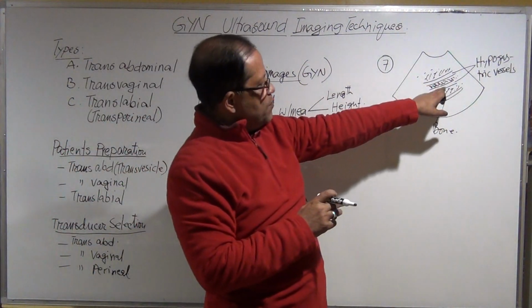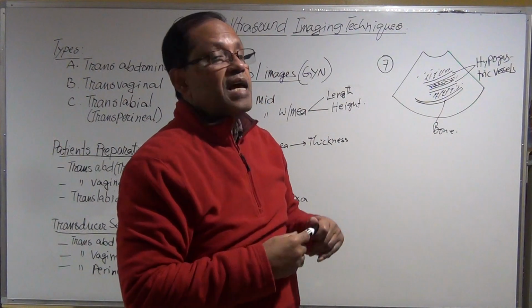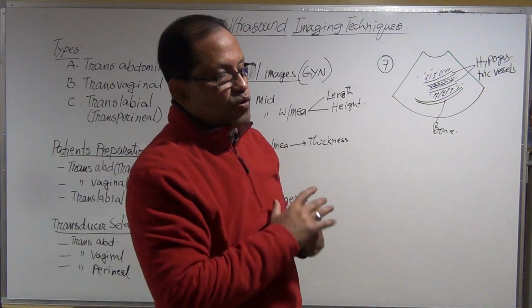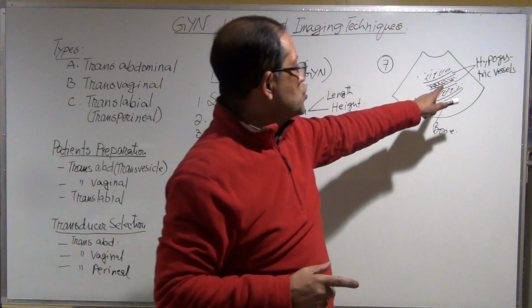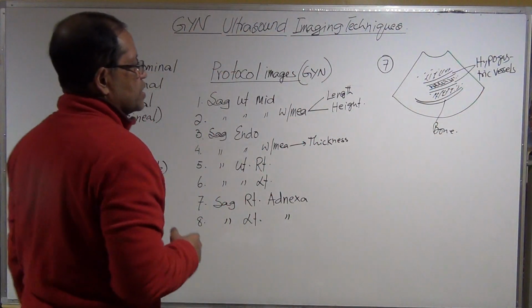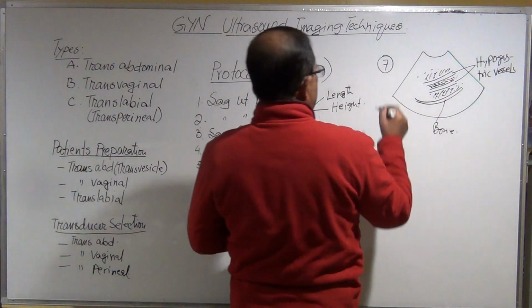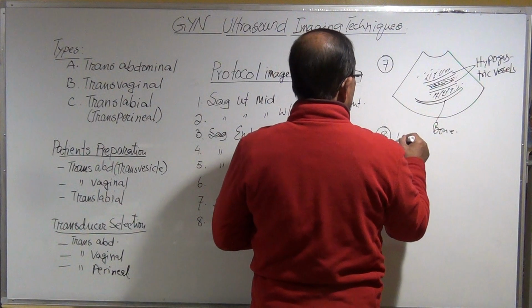And these hypogastric blood vessels are lateral to the ovary. Remember that. Lateral to the ovary, and ovary is medial to these hypogastric vessels. So 7 and 8 look same.